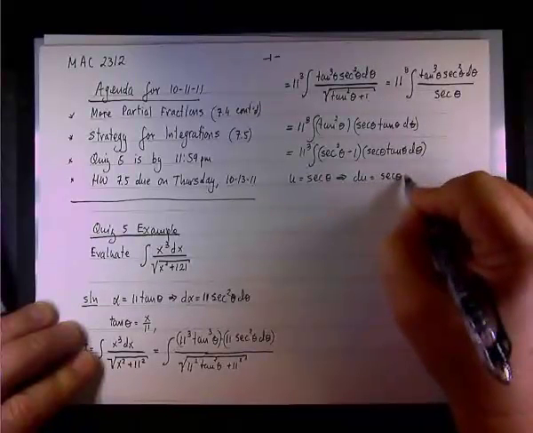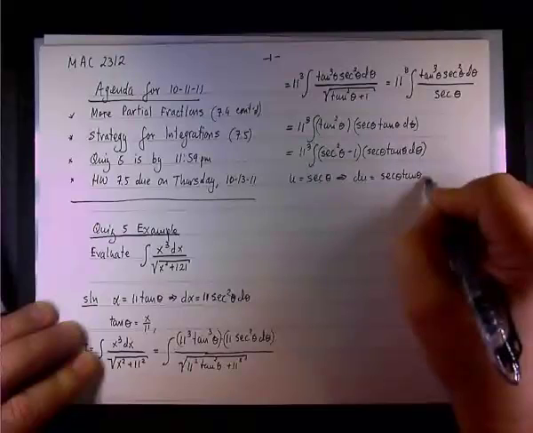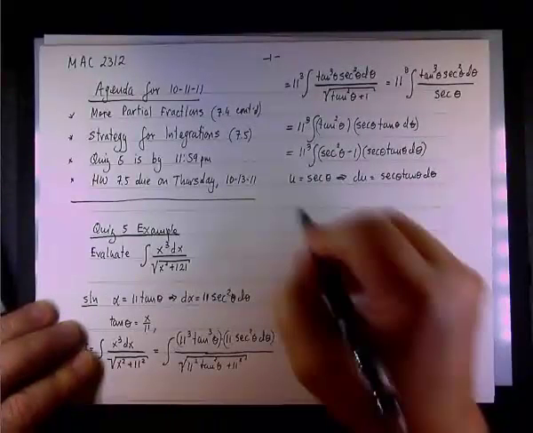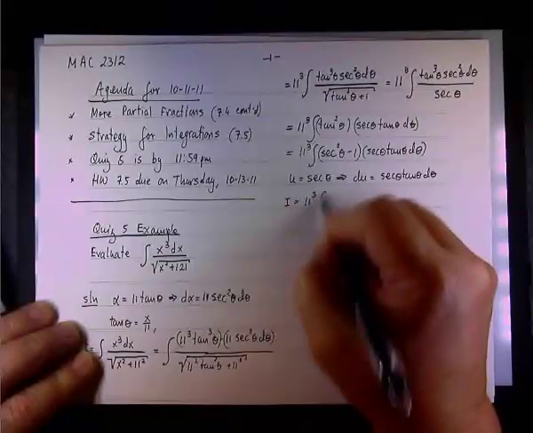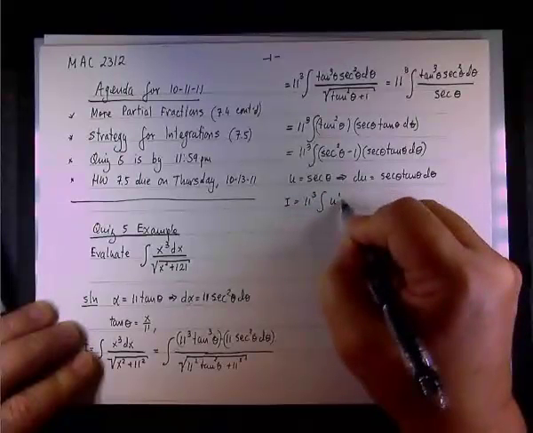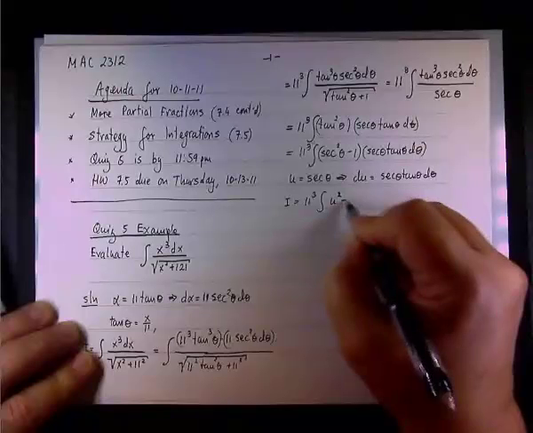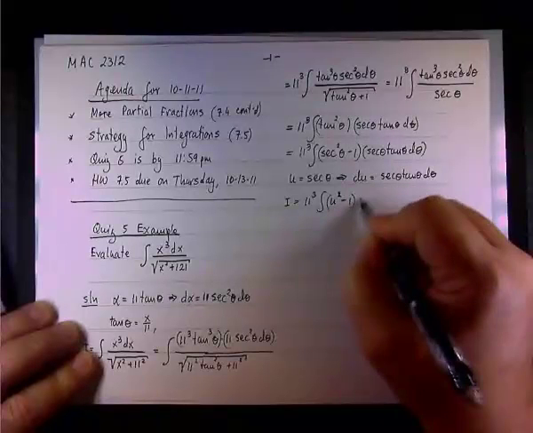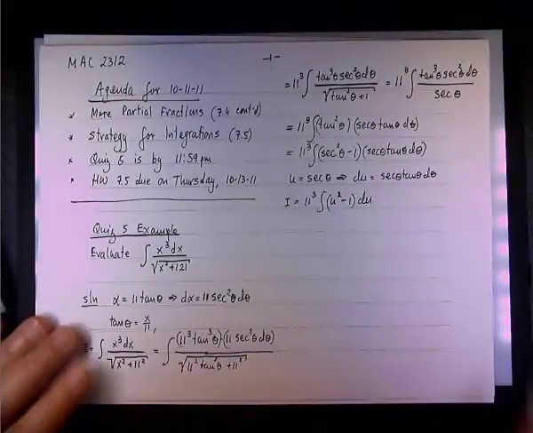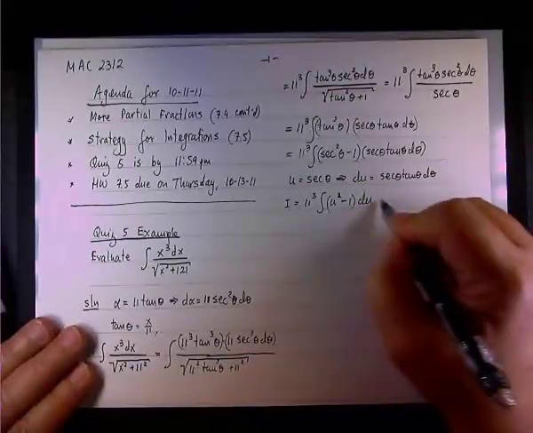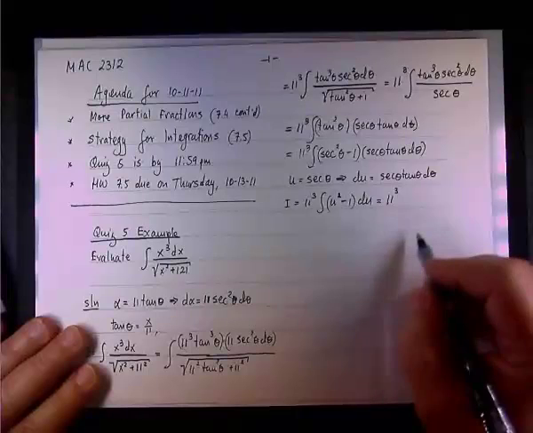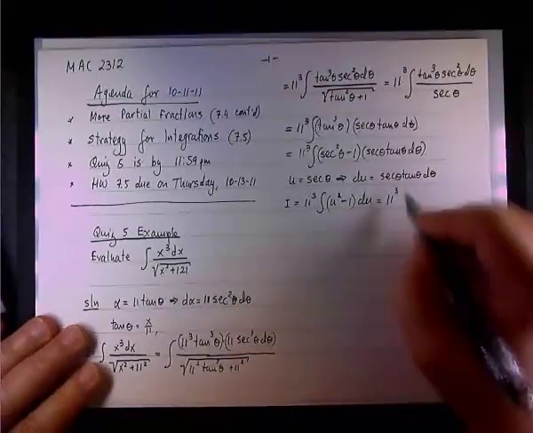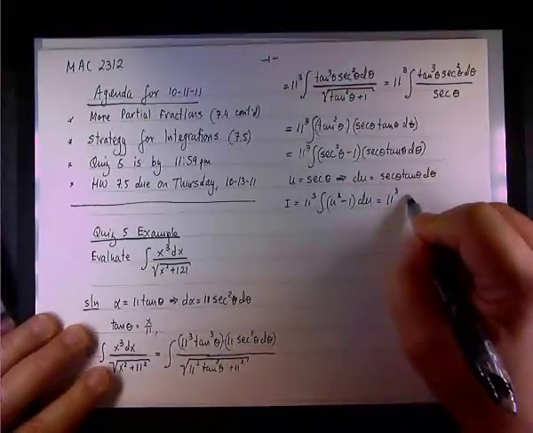And now we let u equal the secant, and therefore du equals the secant tangent product. And the integral I is now 11 cubed times the integral of u squared minus 1 du. And of course the result will be 11 cubed.